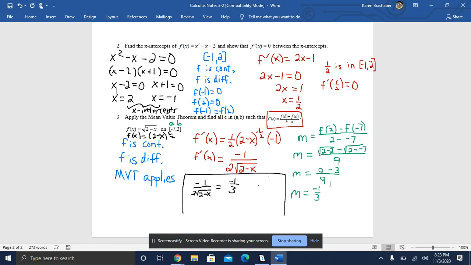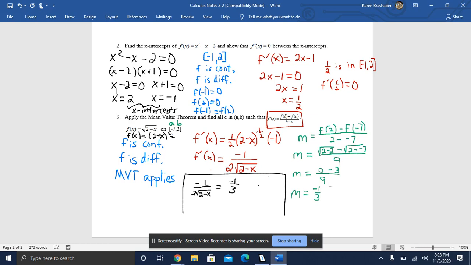First of all, you have two fractions where your numerator is negative 1. So if your numerators are the same, then your denominators would have to also be the same, and so you could just set your denominators equal to each other. Or you have a fraction equals a fraction, you could cross multiply and solve.